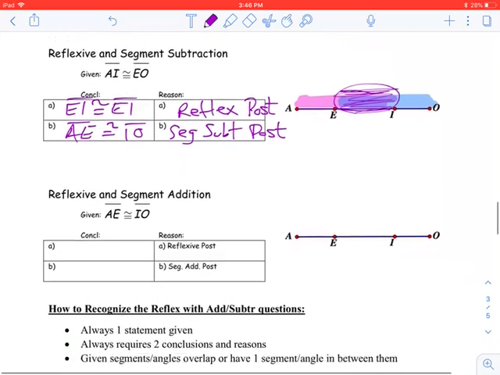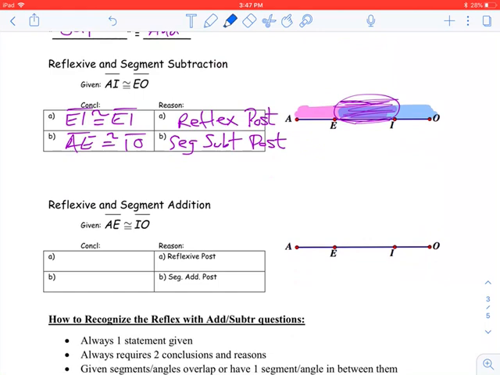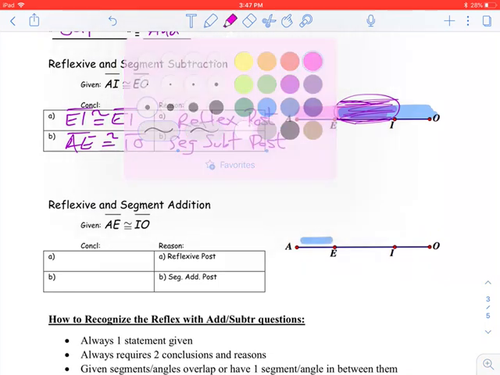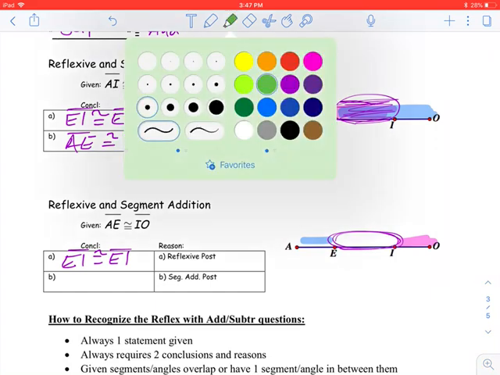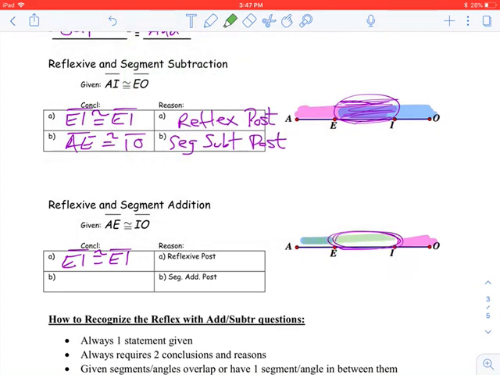And then the last one, same thing. We have AE is congruent to IO. Well, look at what we're missing. We have a gap between them. EI congruent to EI. And now that we have that, we can go ahead and combine AE with EI to make AI.